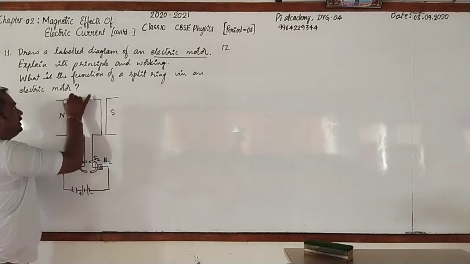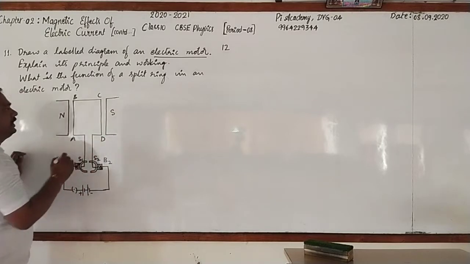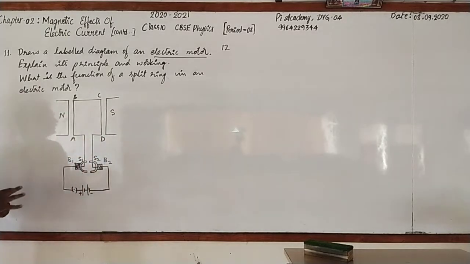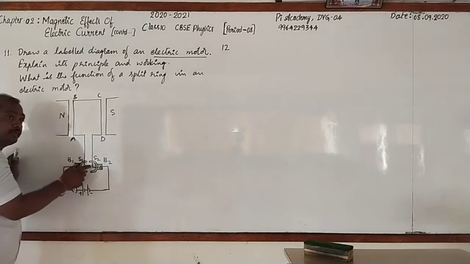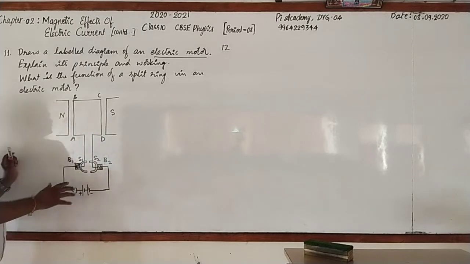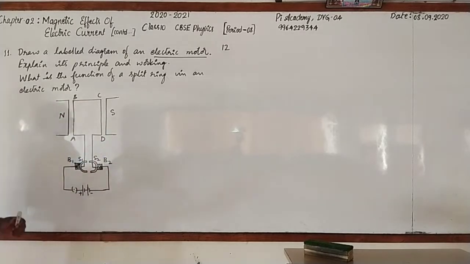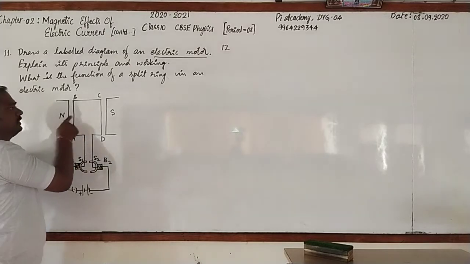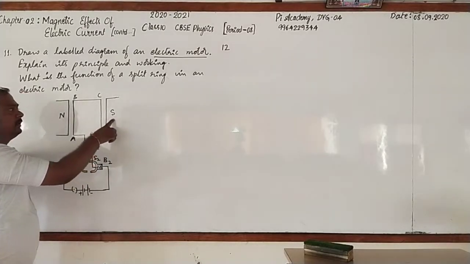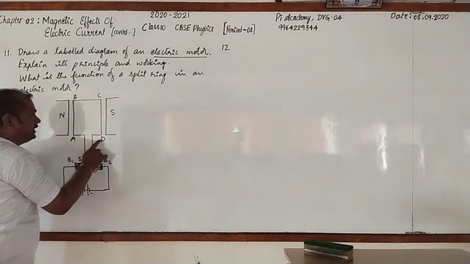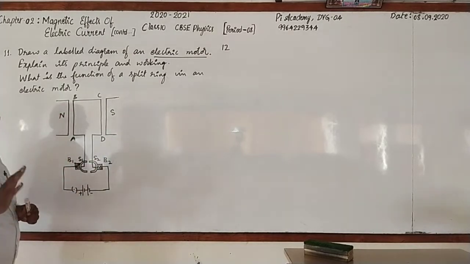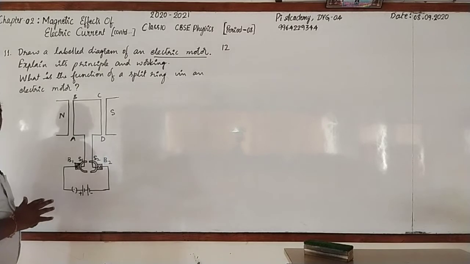ABCD is a rectangular coil of insulated copper wire. It is just the armature. If the free ends of this are connected to split rings, then it is considered as a commutator. This is the diagram. Labelling is so simple. N and S are the poles of the horseshoe magnet. ABCD is a rectangular coil of insulated copper wire.